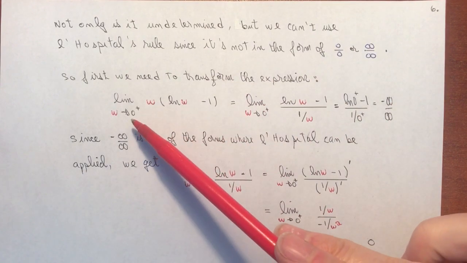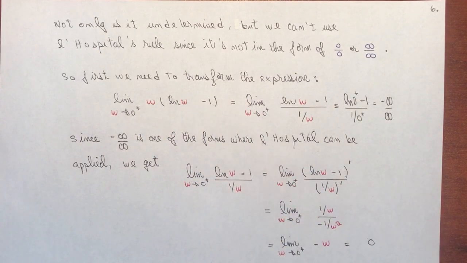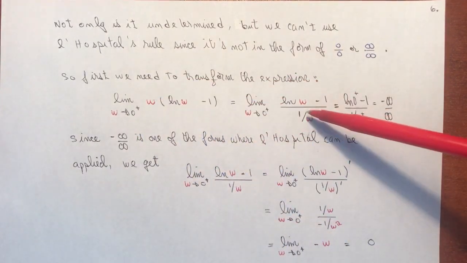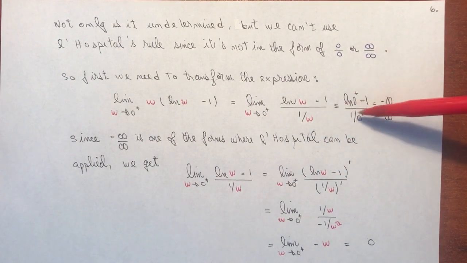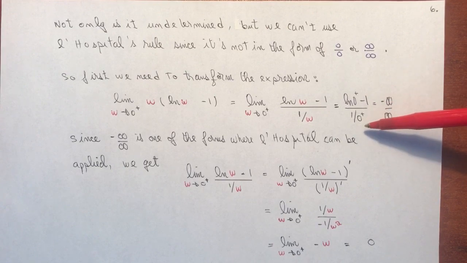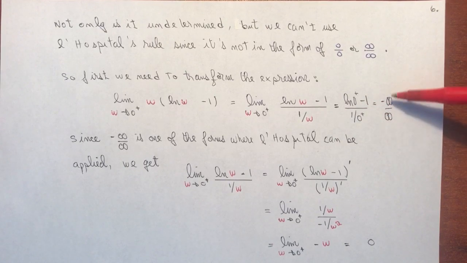The limit as w goes to 0 plus of w times ln of w minus 1. I'm going to take that w and bring it down as 1 over w, which leaves the numerator as it was, but the denominator now becomes 1 over 0, which is infinity. And we recognize minus infinity over infinity as a form where L'Hopital applies, so we are applying L'Hopital.